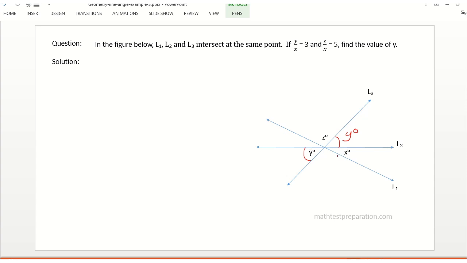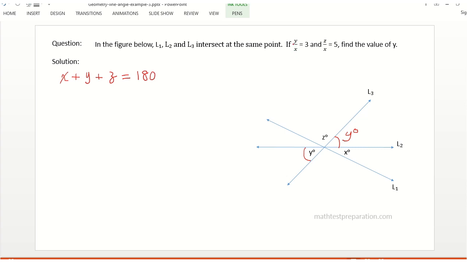A straight angle is 180 degrees, so x degrees plus y degrees plus z degrees equals 180 degrees. So we have x plus y plus z equals 180.